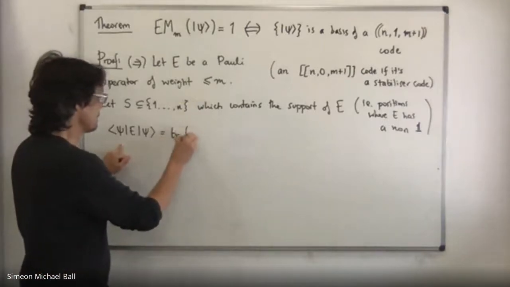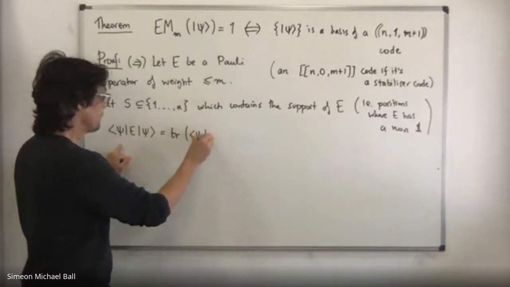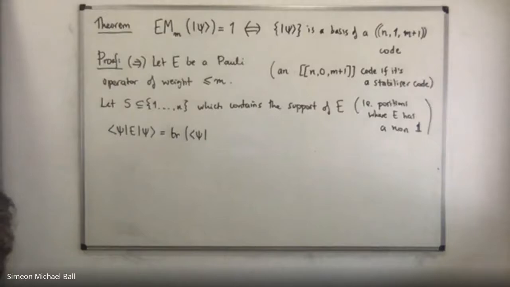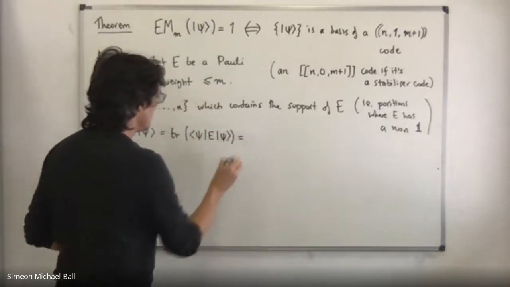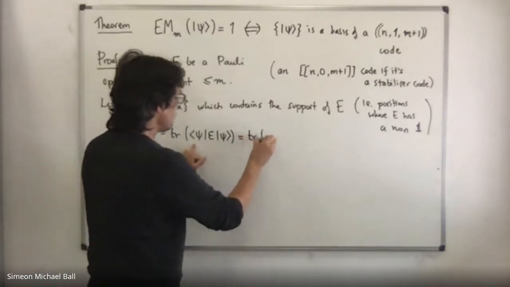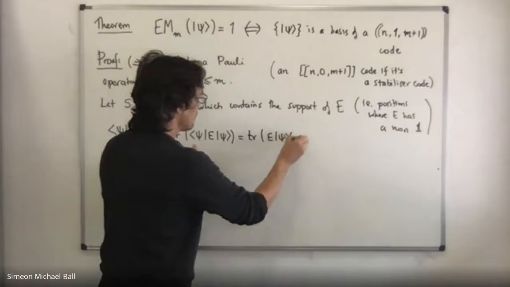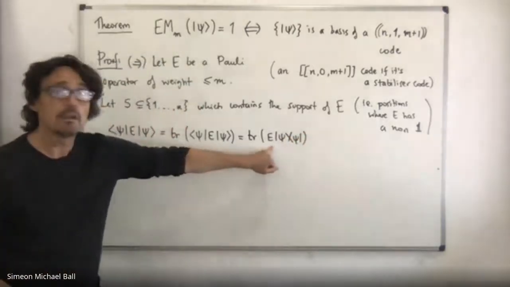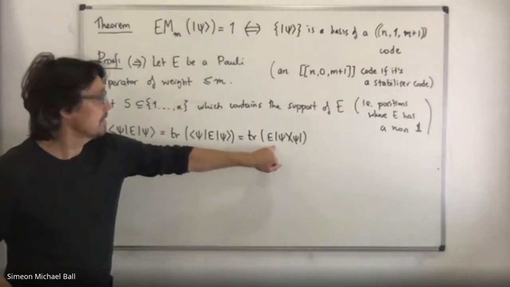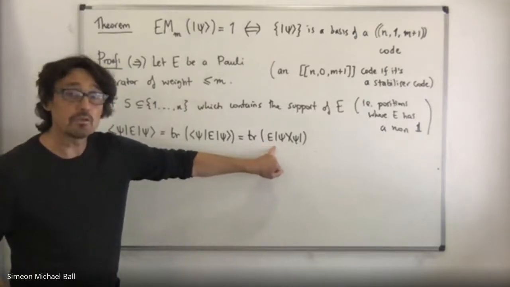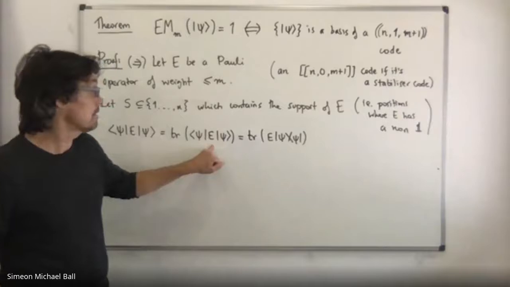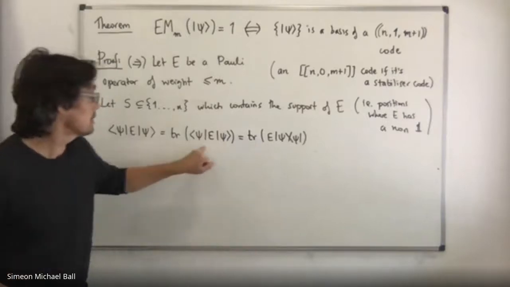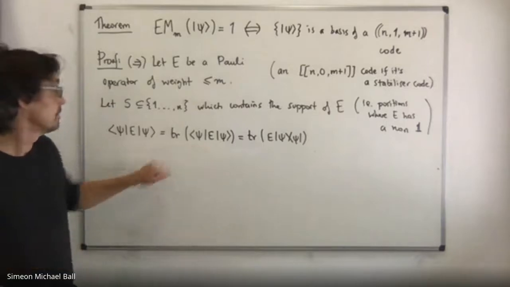So this is equal to its trace. And you can see this step by going back the other way. If you calculate the trace of this with respect to an orthonormal basis starting with psi, then you'll start off with this term being 1, and then all of the others will be 0.